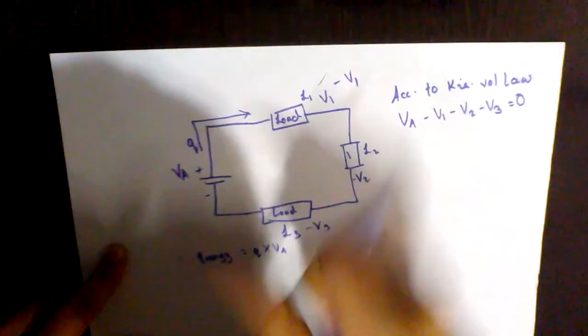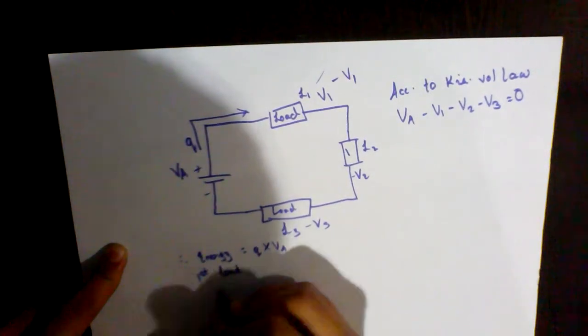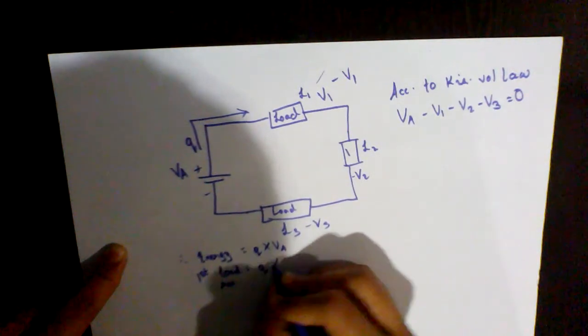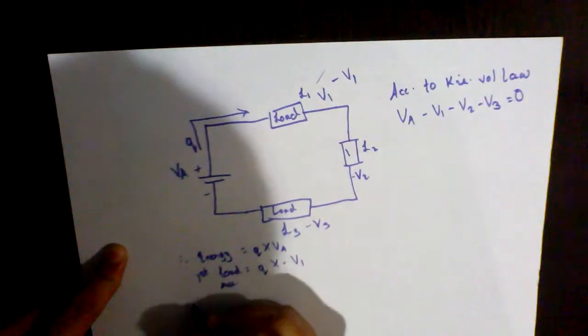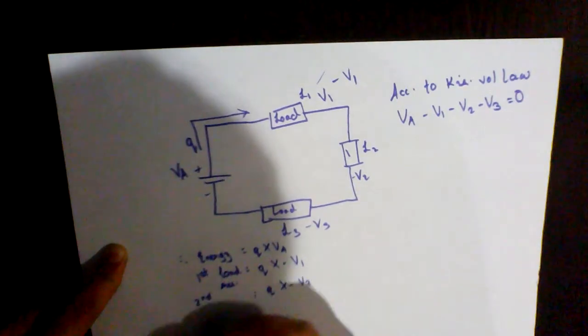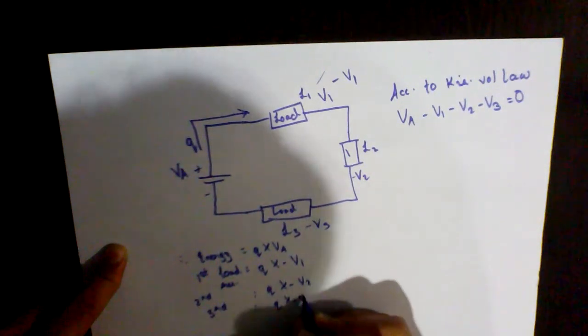For the first load resistance, Q into minus V1, second Q into minus V2, third Q into minus V3.